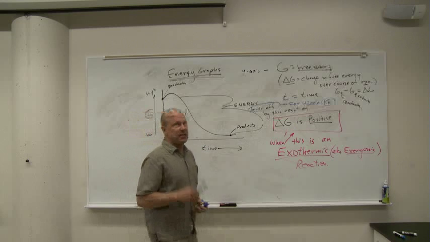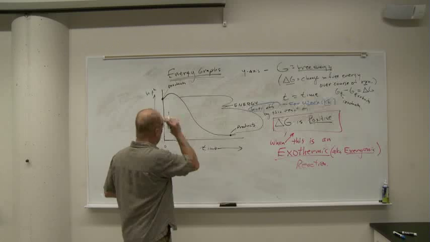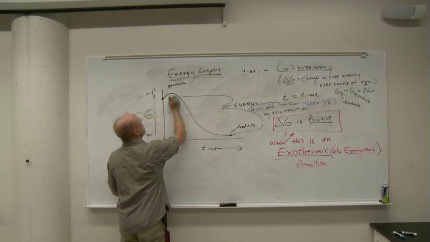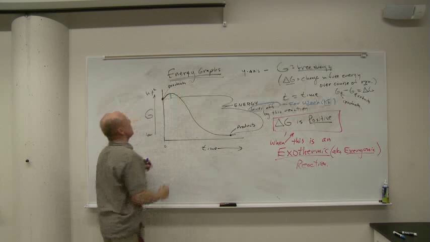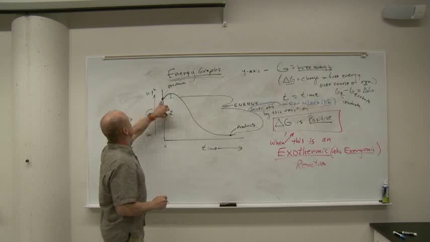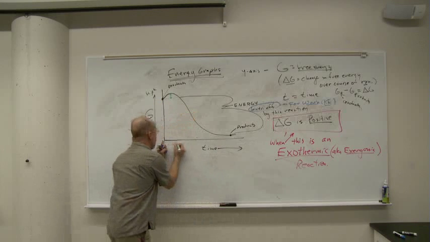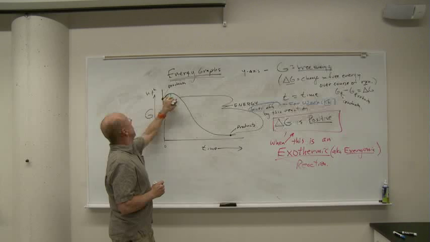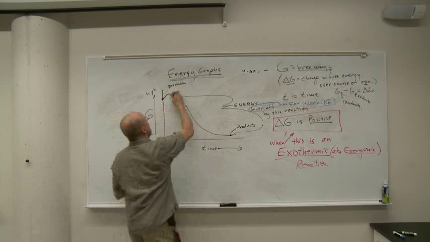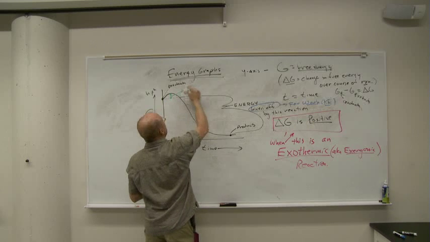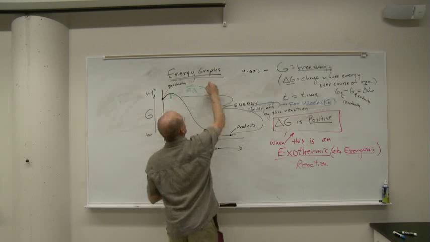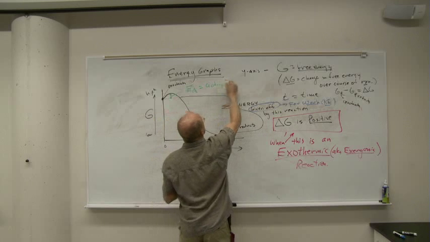We've got something else to say about this, and I'm going to say it in a different color. This is a very important little piece here. You can see that before this reaction occurred, as time flowed, energy was put into the system. This is what we call E sub A, which is equal to activation energy.